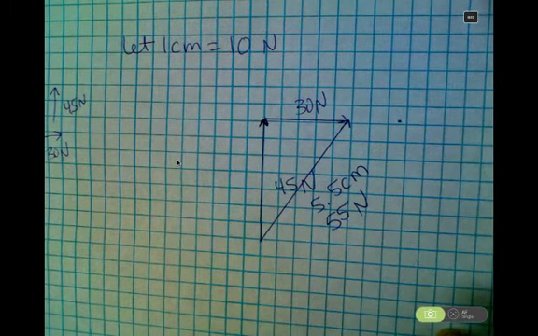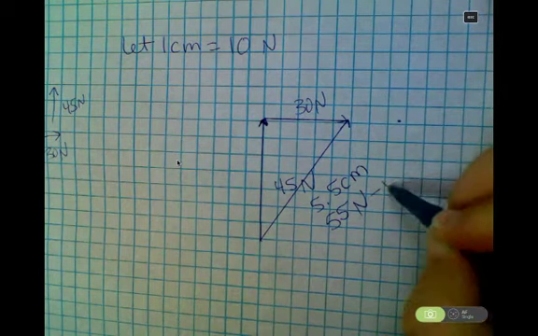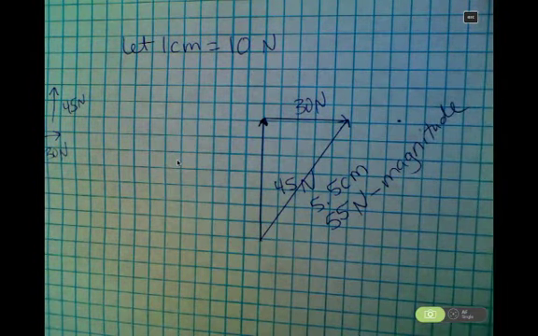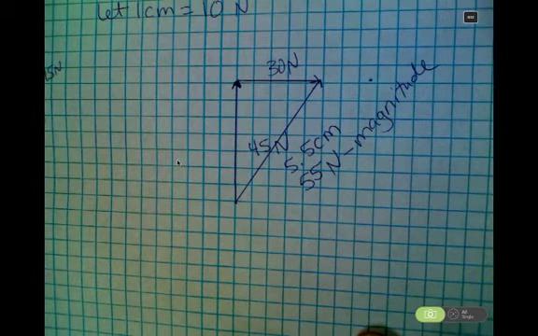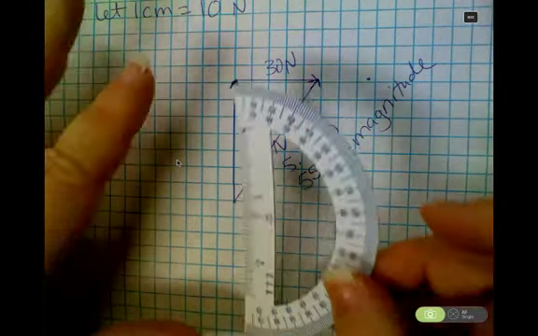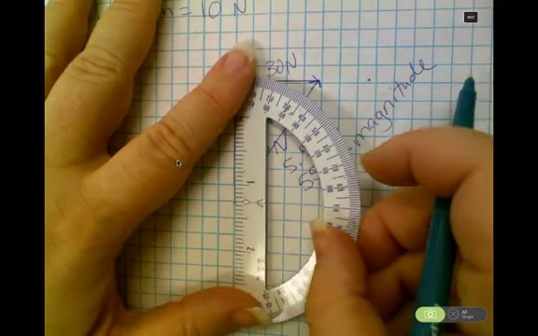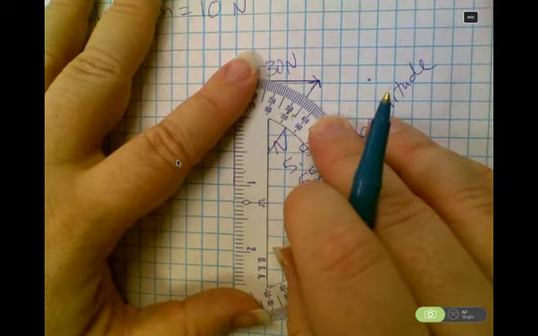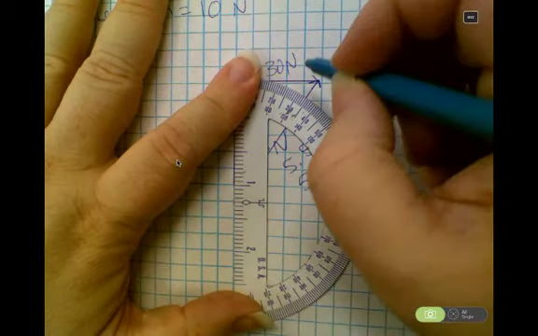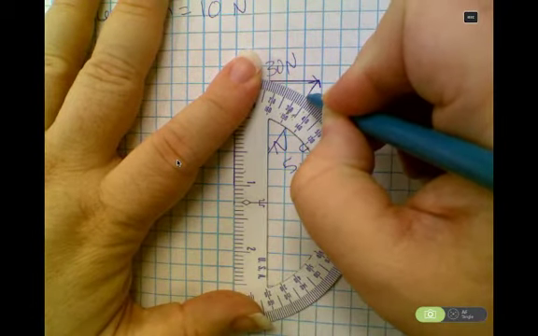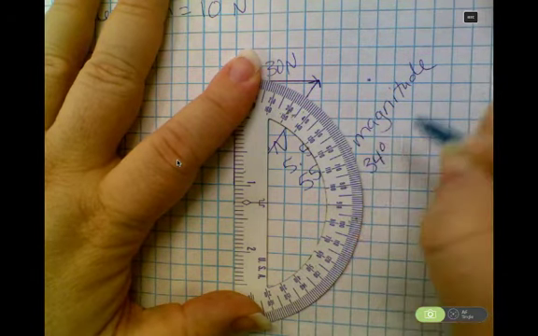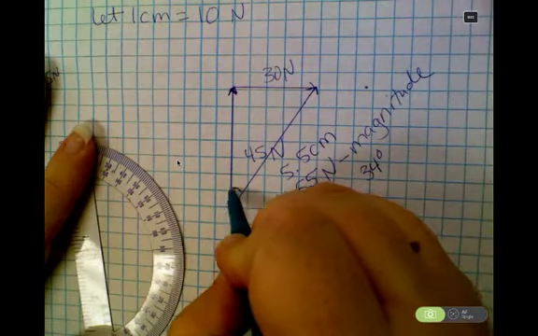Now force is a vector quantity. We need magnitude and direction. We found the magnitude. Now we need to find the direction. So I'm going to use my protractor. I'm going to line it up, making sure I put it on the 0 mark, wherever 0 is. Line it up, and I'm at about 34 degrees. And that's this angle right here.